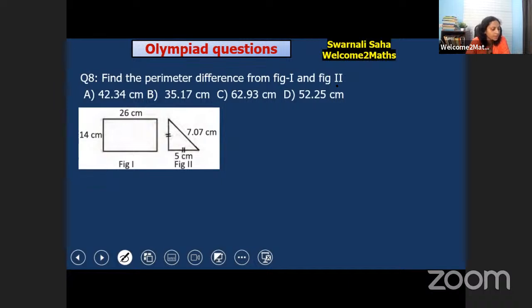Find the perimeter difference of figure 1 and figure 2. Find the perimeter difference from figure 1 and figure 2. Anyone? Is it visible? Question number 8.